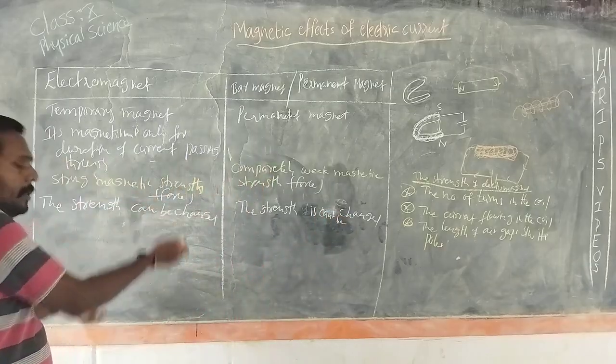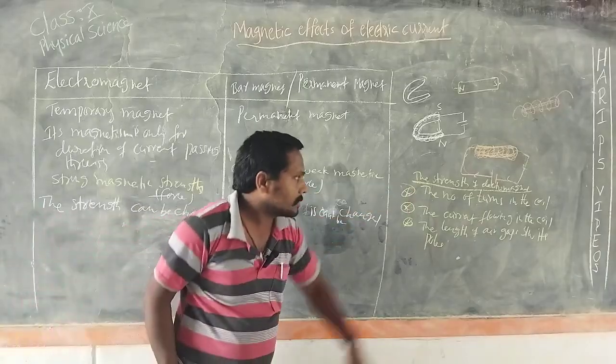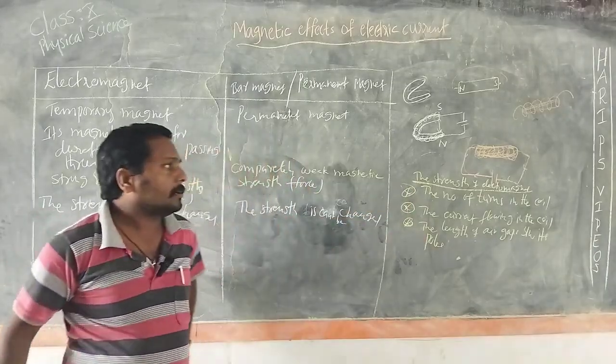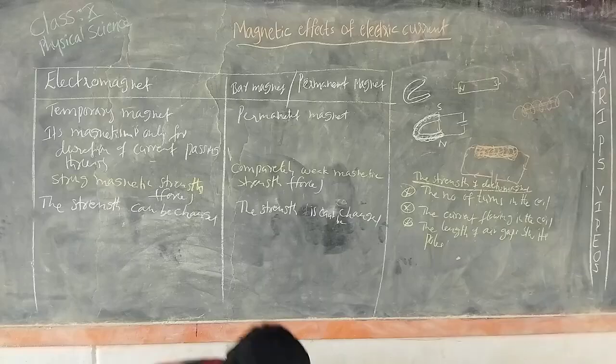Here we can change it by changing the number of turns in the coil and the current flowing in the coil.